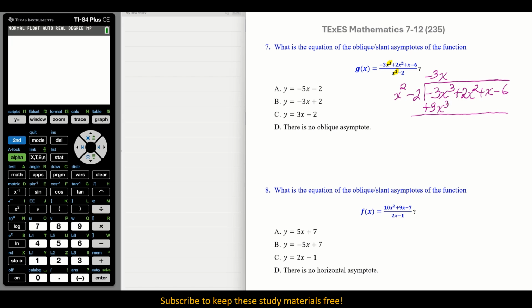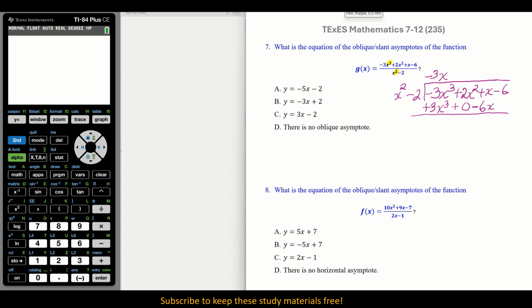Now, when we multiply that to this negative 2, like we would do in any long division, we see that we have a plus 6x. First off, we don't have anything to put with the x squared, so we skip it. And now we put minus 6x. Why? Because we're subtracting the positive 6x. So now it's minus, okay?